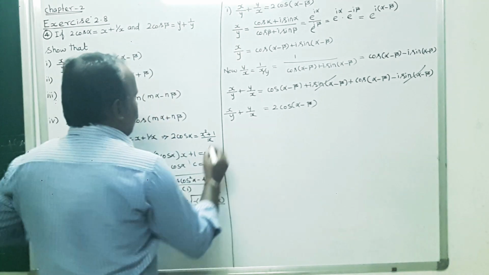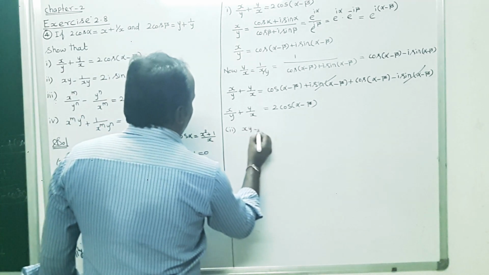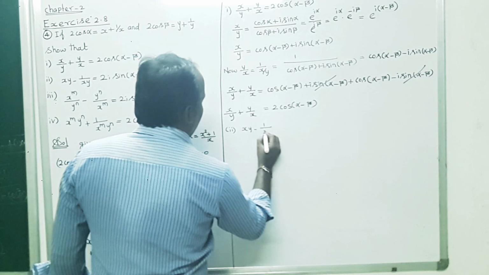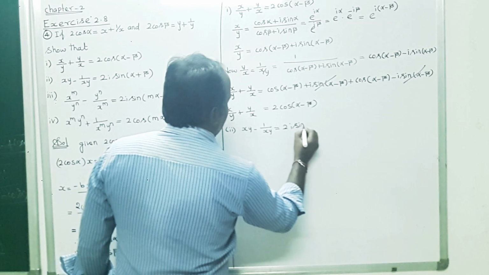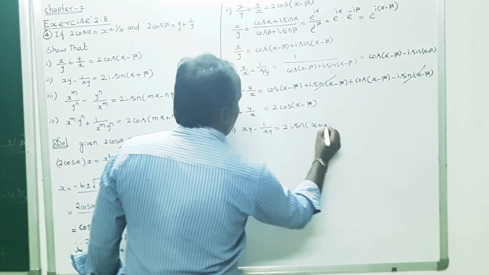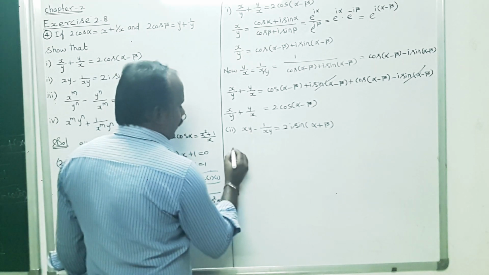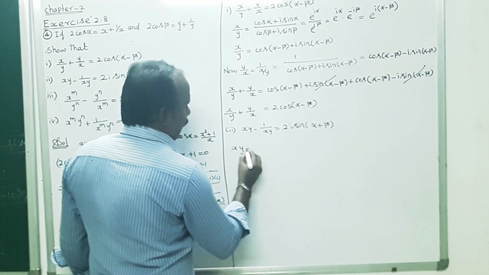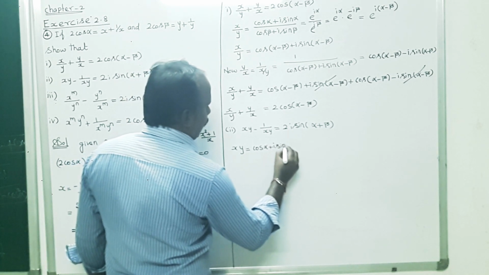So the second subdivision means xy minus 1 by xy is equal to 2i into sin of alpha plus beta. First, to find out xy. x means cos alpha plus i sin alpha.